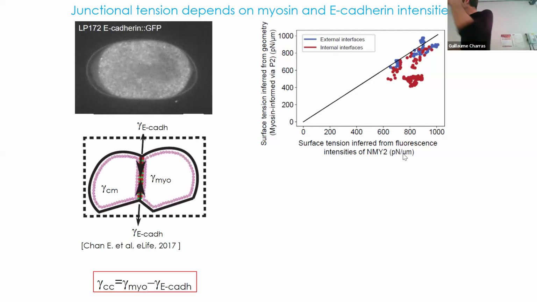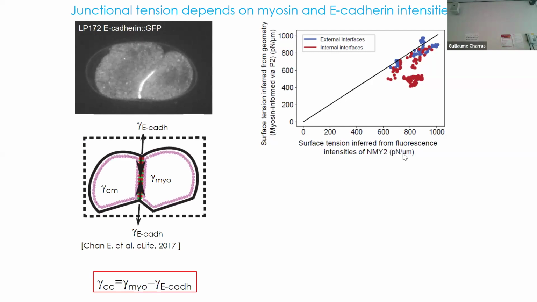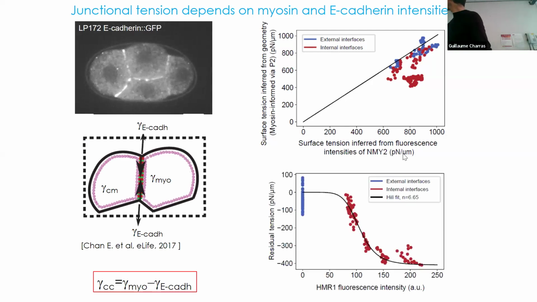And that's because at cell-cell contacts, there's another contribution to surface tension that comes from intercellular adhesion in the form of keratin. So you can play the same game. You can take embryos which have a replacement for keratin with a GFP fusion, and then you can plot this extra tension that we predict from myosin as a function of the keratin intensity.